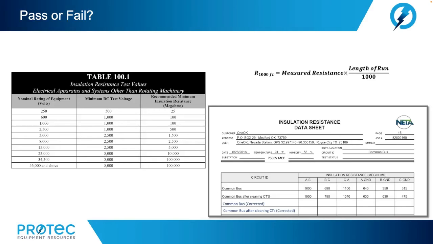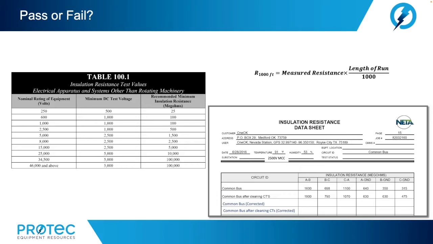Now, as an example, let's assume that the length of the busway tested is 500 feet. So based on the conversion formula shown, each measured resistance would need to be multiplied by 0.5 in order to obtain the 1,000 foot equivalent resistance.